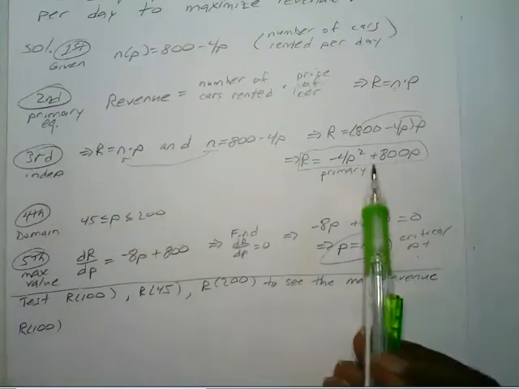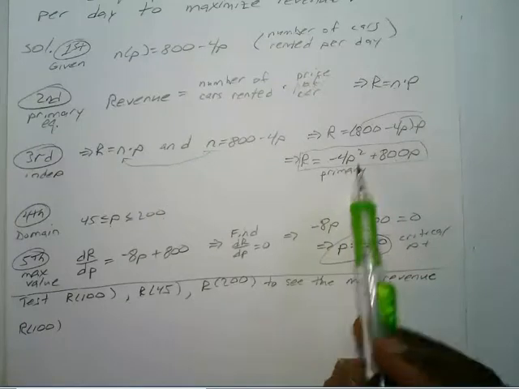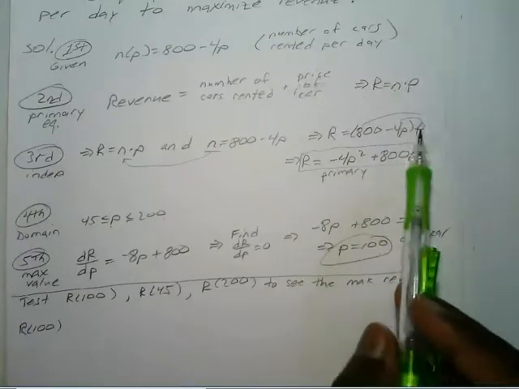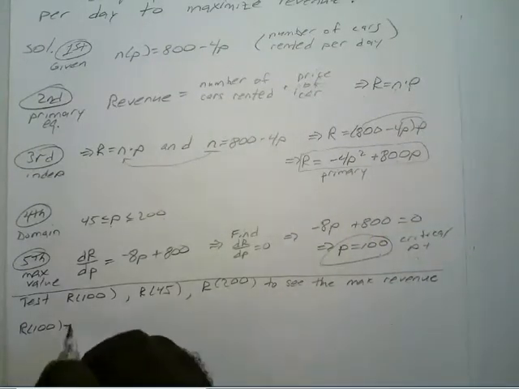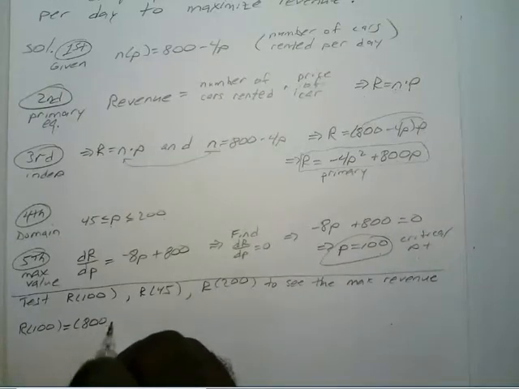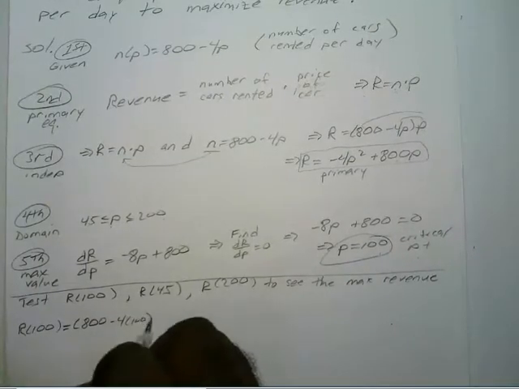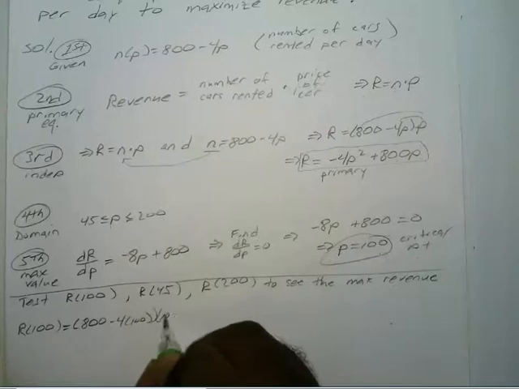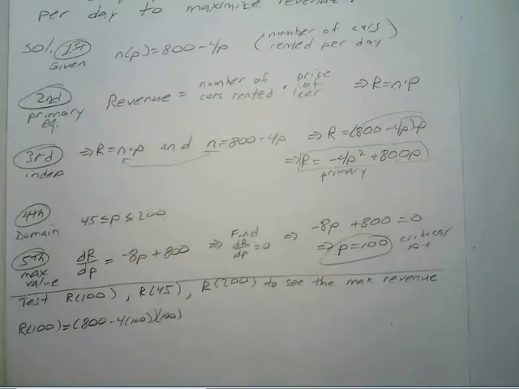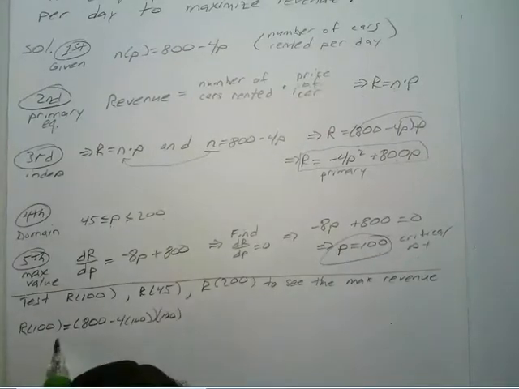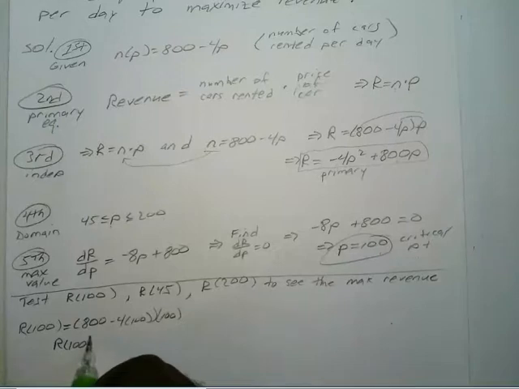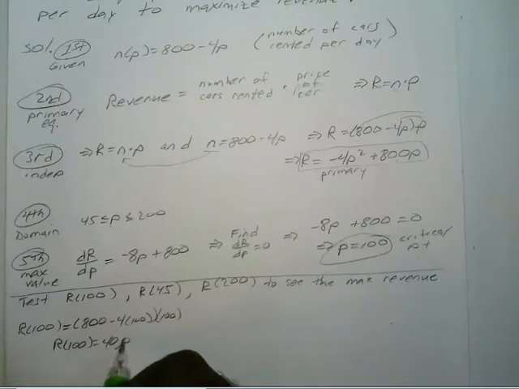So first, R of 100. We plug 100 in either one of those; I'll just plug it in there. So you have 800 minus 4 times 100, times 100. That's 40,000.